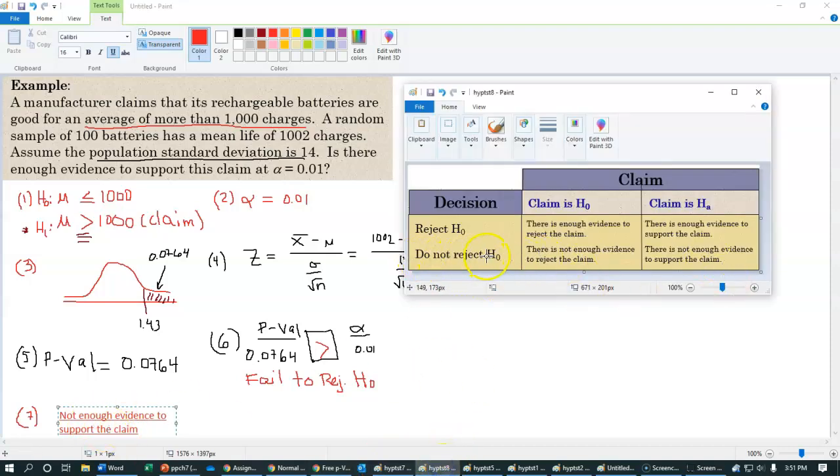My decision was fail to reject, which is the same thing as do not reject. And my last is my original claim is in H1 or HA, so I'm in the second row, last column. So this is my interpretation. Okay, not enough evidence to support the claim. I hope this helps.